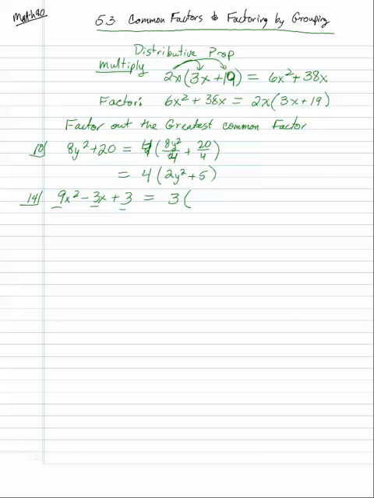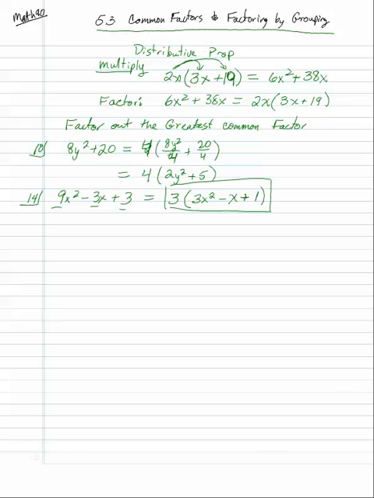So 9x squared divided by 3 is 3x squared. 3x divided by 3 is negative x. And then 3 divided by 3. Now this is key. You can't say it cancels, goes away. It doesn't go away. You have to write the plus 1. Because when you check it by multiplying out, if you forgot to write the plus 1, then that term would disappear. So you have to write the plus 1. So make sure you do that.